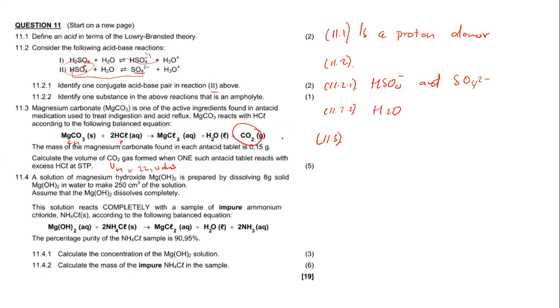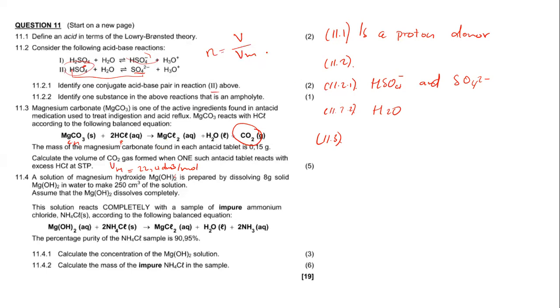You know why? Because the formula that we're going to use at STP is: number of moles equals volume divided by molar volume. The units for molar volume are cubic decimeters per mole.